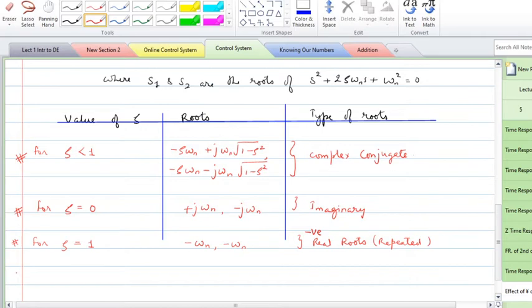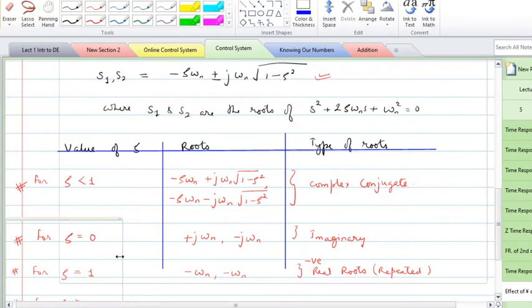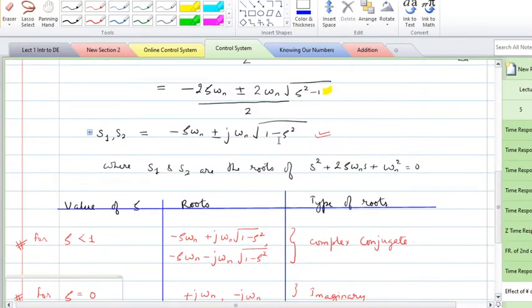And if we look at the final case, for zeta greater than 1, the roots become real with different values.